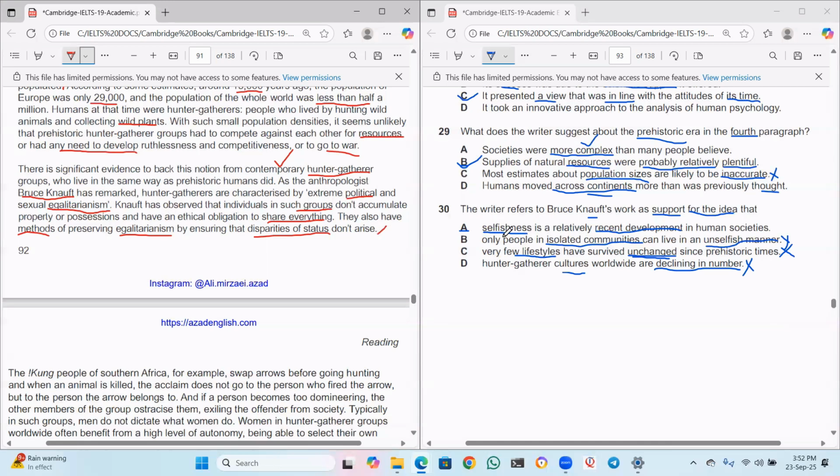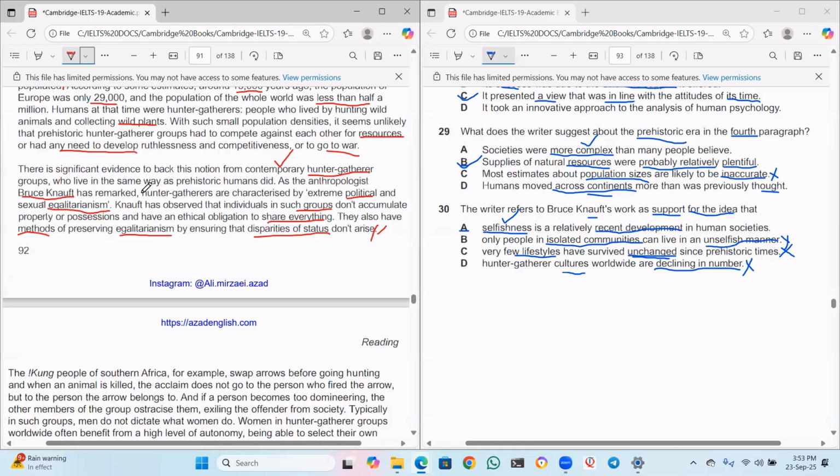So what should selfishness be then? Selfishness is a recent development in human societies. Yes, selfishness should be a recent development because back then they didn't have any selfishness. That is what the writer uses Bruce Knauft's work as support for, the idea that selfishness is really a recent development, because these groups didn't have any selfishness. That is the work of Bruce Knauft.